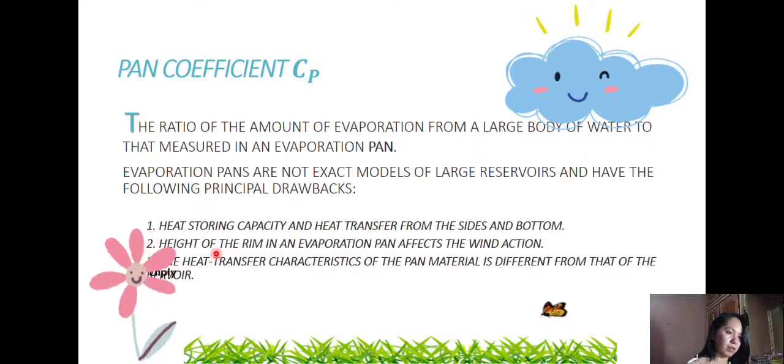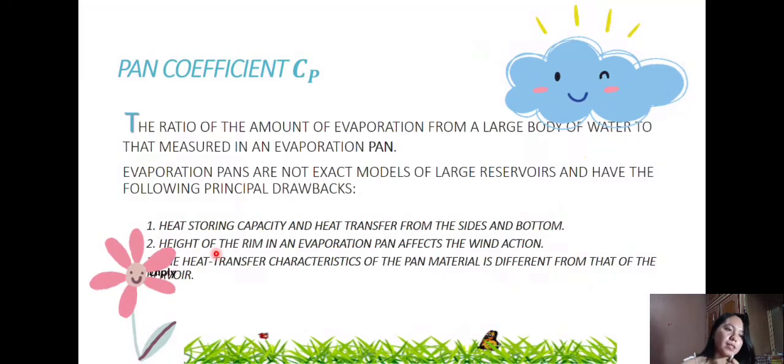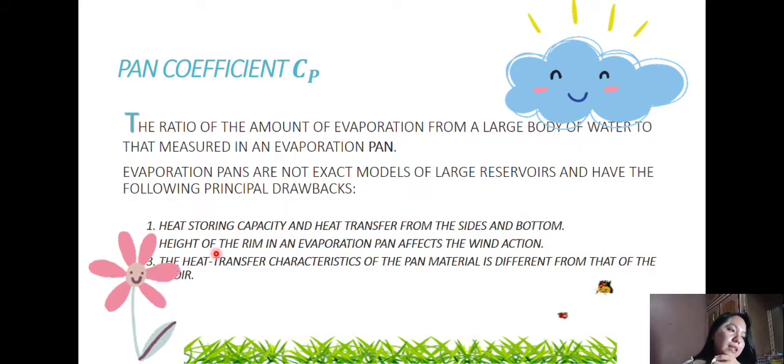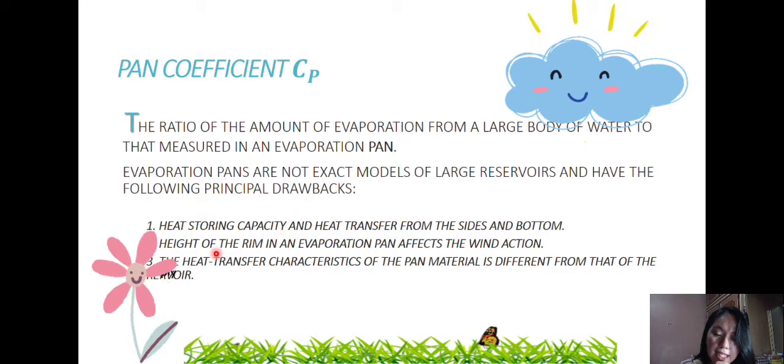So, the heat storing capacity and heat transfer from the sides and bottom, the sunken pan and floating pan aim to reduce this deficiency. As a result of this factor, the evaporation from a pan depends to a certain extent on its size.